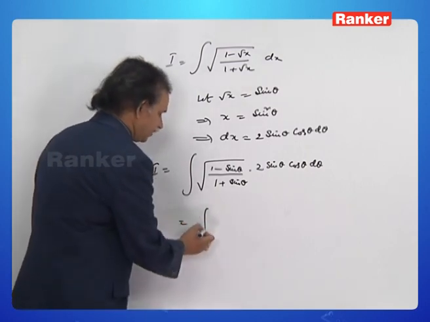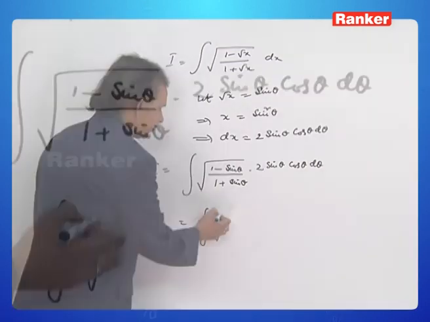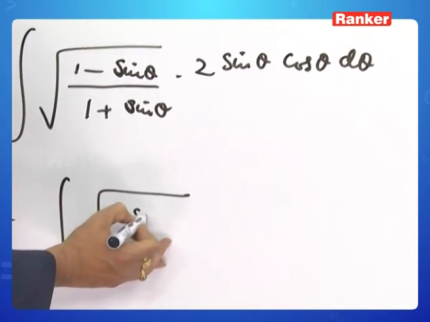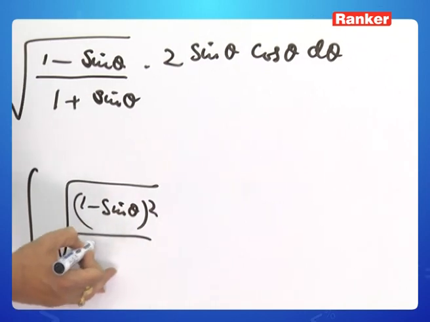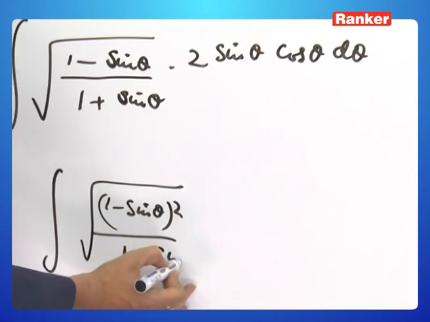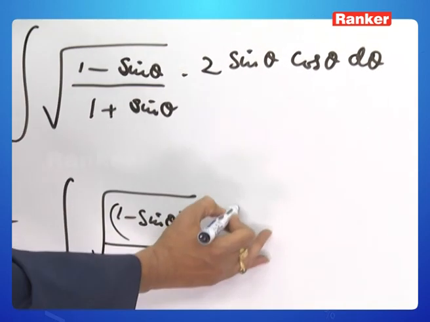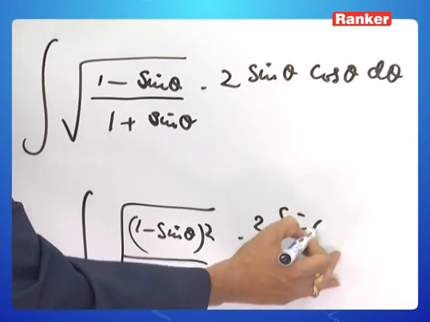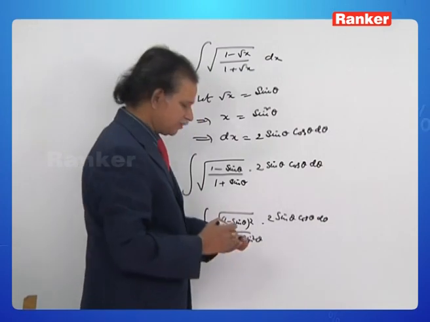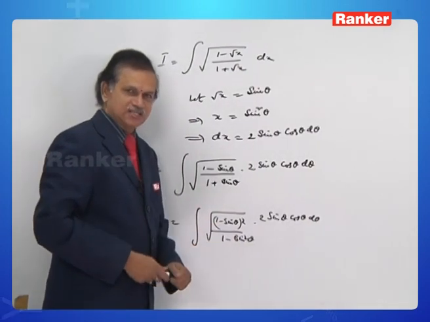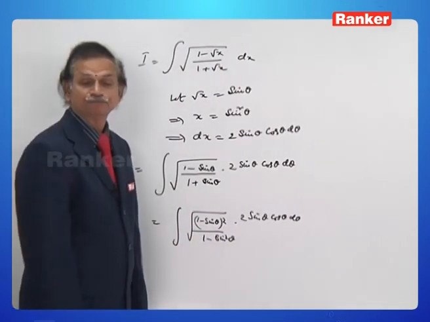This is therefore equal to square root of (1 minus sine theta) whole square by (1 minus sine square theta) into 2 sine theta cos theta d theta. I think you could have understood the step which I have made here.